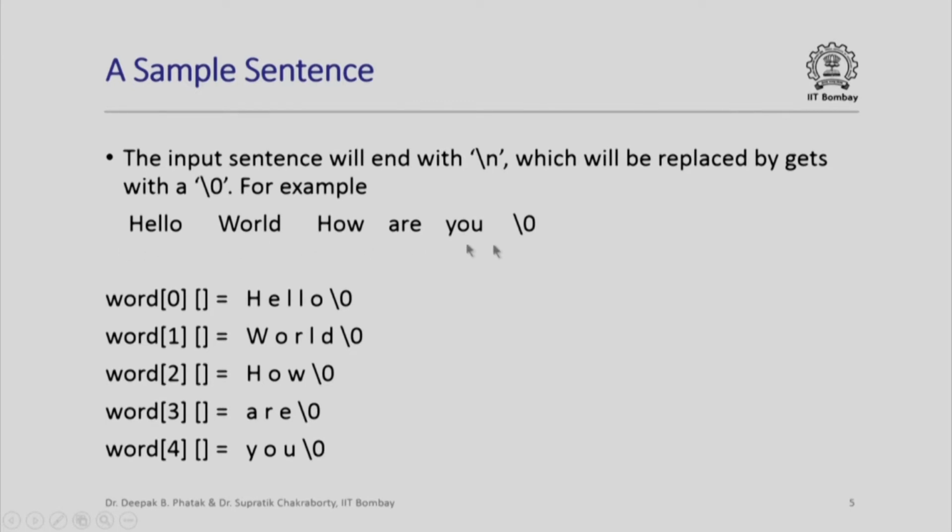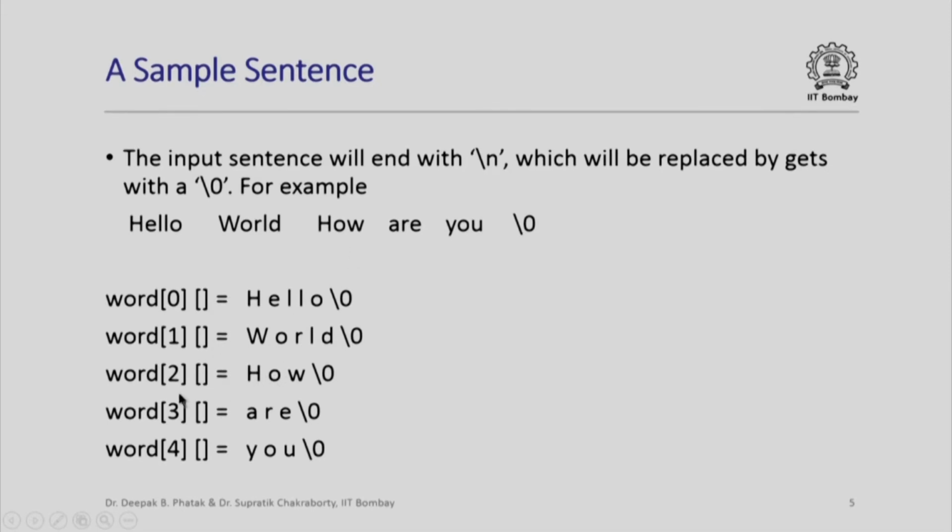What do we wish to do with this sentence? We wish to ignore the first three blanks, put hello into consecutive locations for the 0th row of word. So, hello followed by a \0. We again have to ignore the subsequent blanks till we encounter the second word. This word is world, which we wish to put into the first row of word.